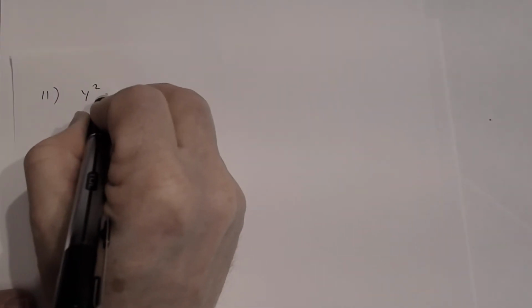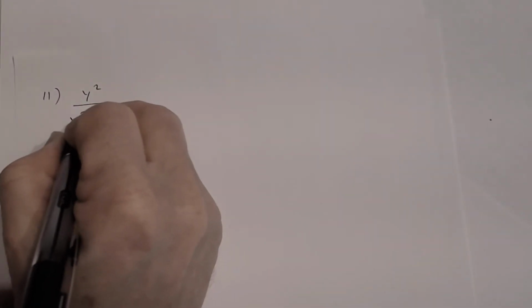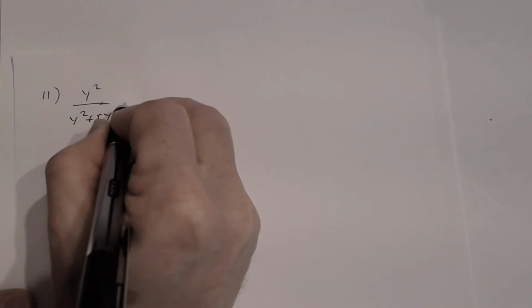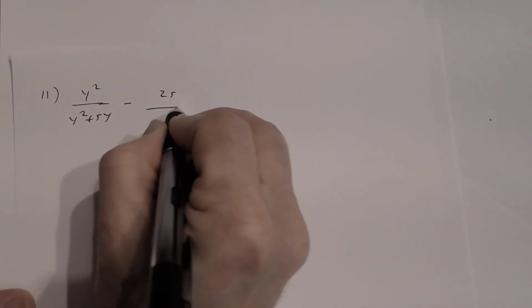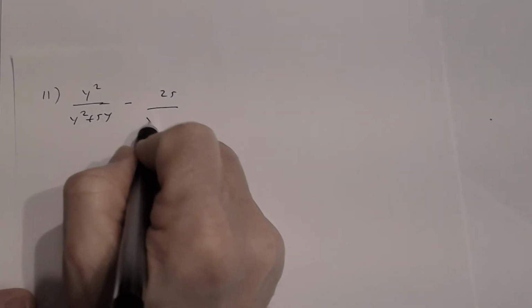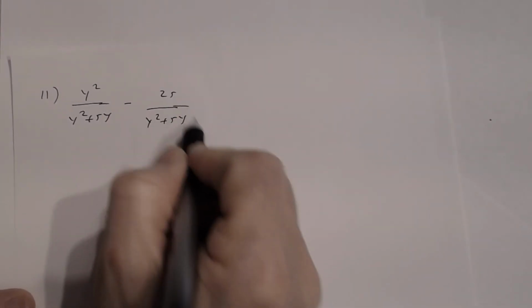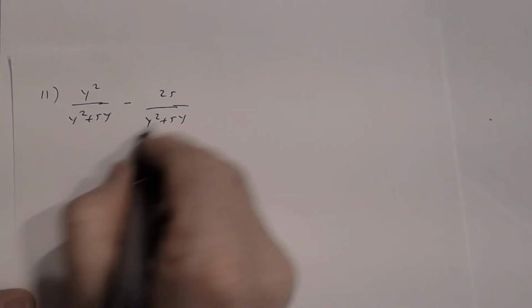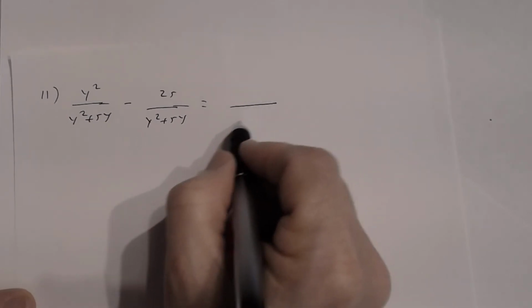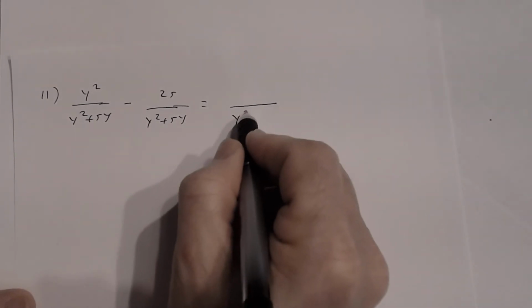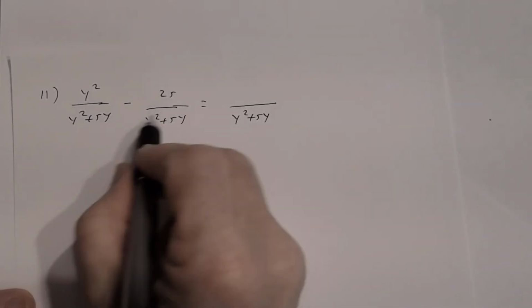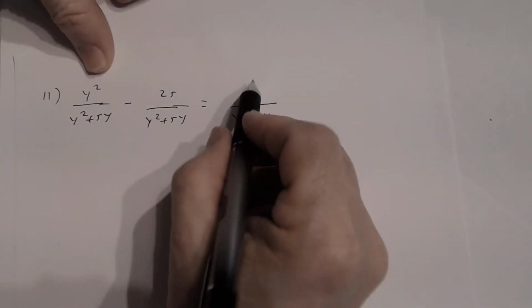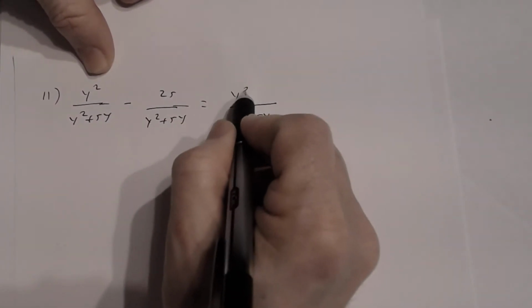For number 11, we have y squared divided by (y squared plus 5y), and I'm subtracting 25 divided by (y squared plus 5y). Remember, I'm subtracting two rational expressions with the same denominator, so I can write this as one rational expression with that denominator. The numerator is easy to write out: y squared minus 25.